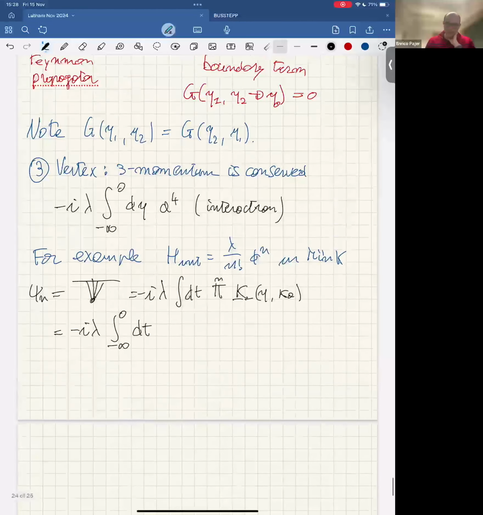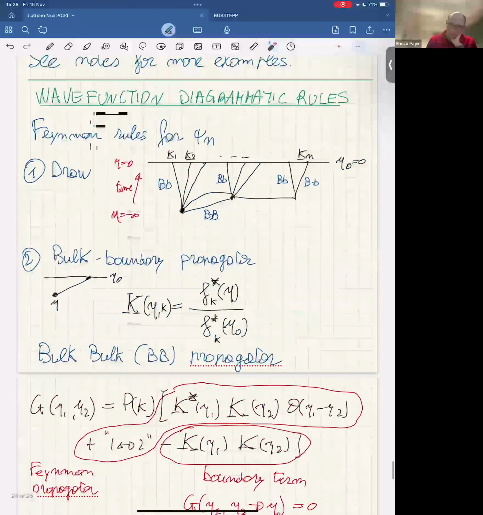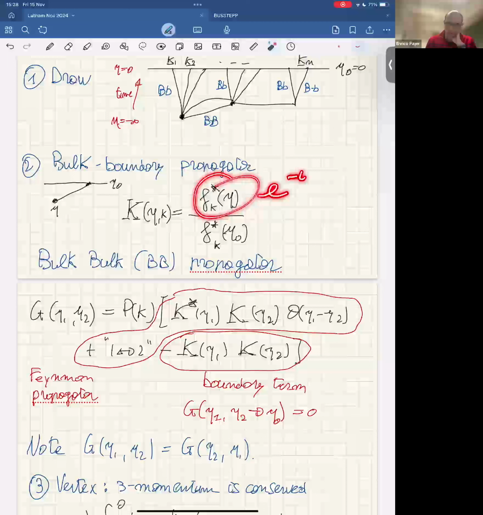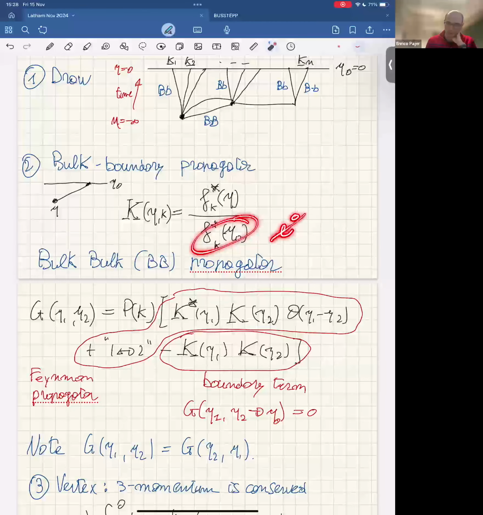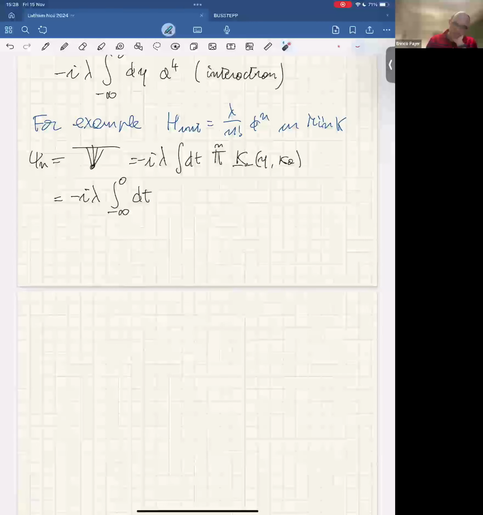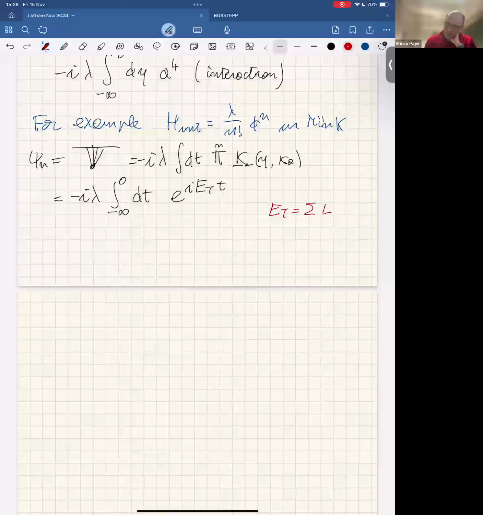All of these propagators are very simple because if we are in Minkowski, remember the mode functions f is just e to the plus i omega t, and you divide by e to the 0, which is 1. So this is just e to the i omega t. And when you multiply n of them together it is e to the i E total times t, where I remind you that E total is just the sum of all the energies of each individual particle.